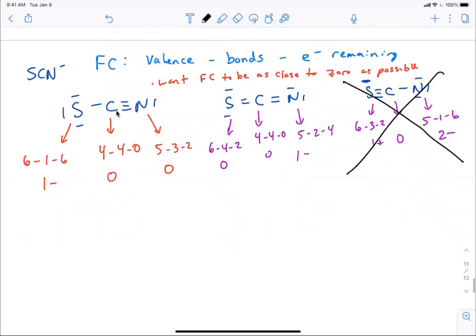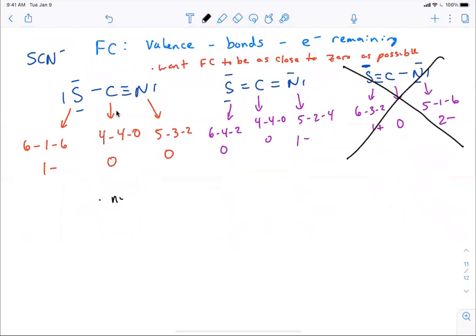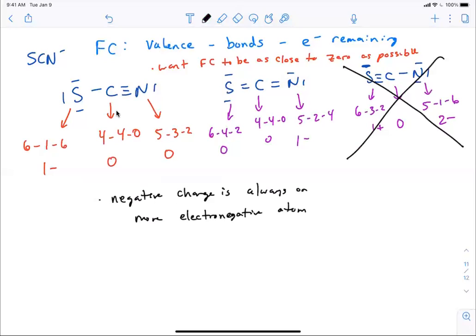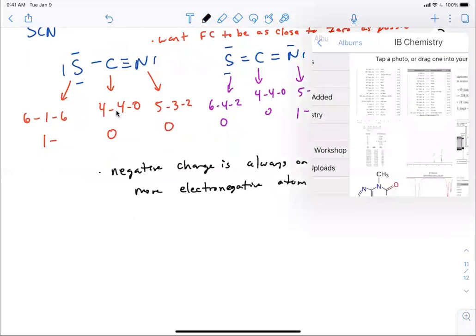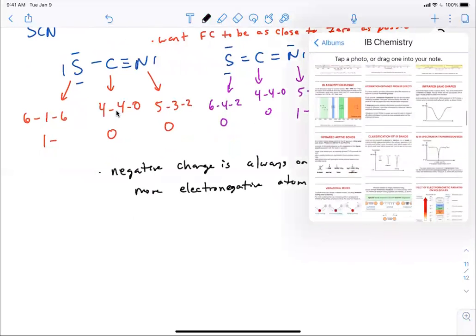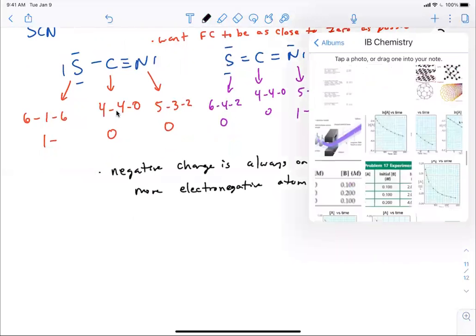To decide between those as a tiebreaker, if you're required to give a negative charge, it is always on the more electronegative atom. And conversely, the positive charge, if you have one, always goes on the least electronegative atom. Okay, so we have to refer to our electronegativity chart here to be able to see that. And I will put it up here just in case y'all forget about nitrogen versus sulfur.